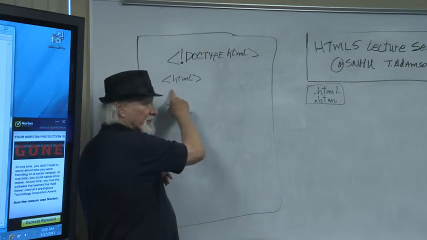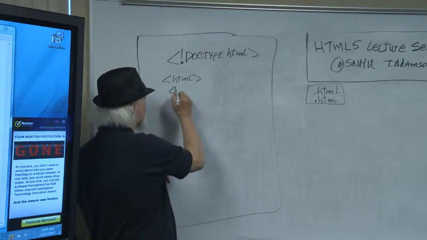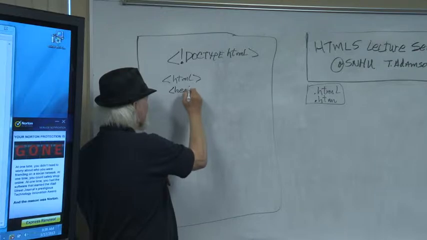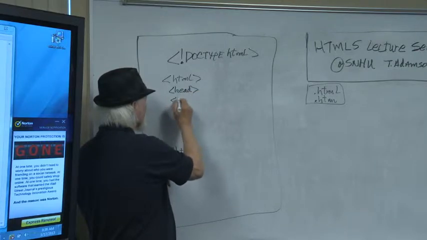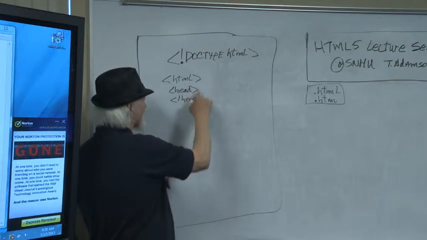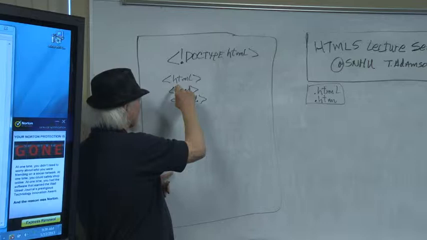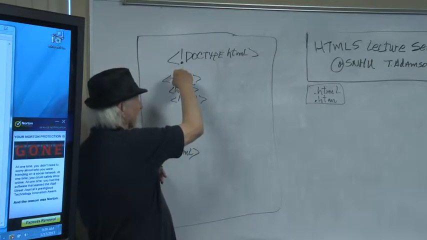Within the HTML element, I have what's called a head, H-E-A-D. I have a head element. So I'm indenting this to show that this head element is within the HTML element.